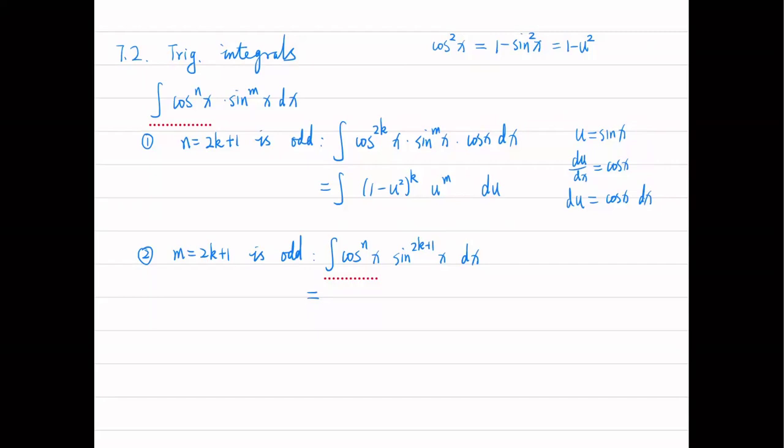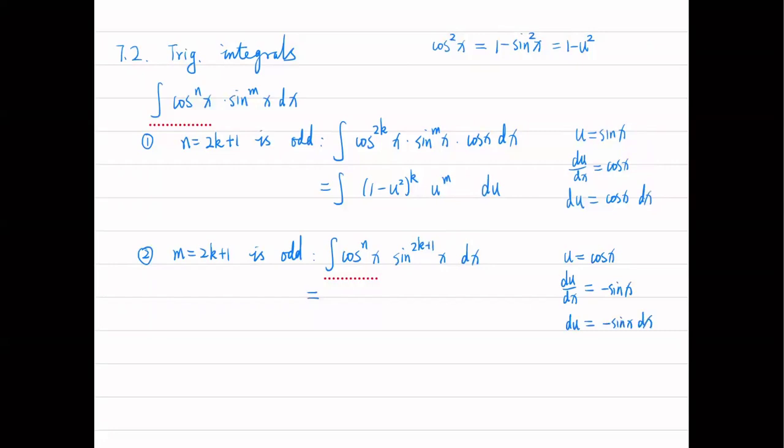Substitution. Okay, so what's your u? Cosine x. Okay, what's the derivative? Negative sine x. Okay, what's the differential? Negative sine x dx. All right.